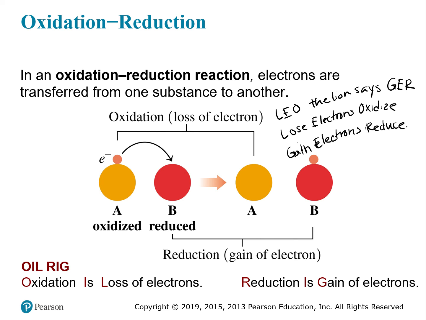So if you need a little mnemonic, something to help you remember oxidation versus reduction, you can use either one of those, or if you find another one on the interwebs, feel free, as long as you know the difference. When you oxidize, you lose electrons. When you reduce, you gain.